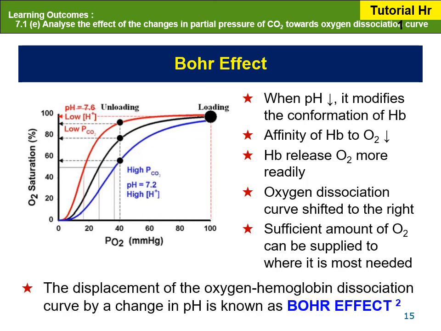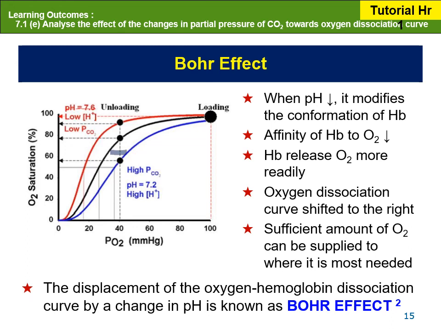So when pH is low, it modifies the conformation of hemoglobin. So affinity of hemoglobin to oxygen will reduce. So hemoglobin will release oxygen more readily. So the ODC akan shift to the right lah.